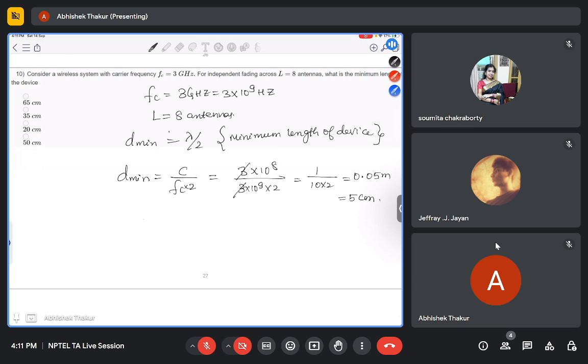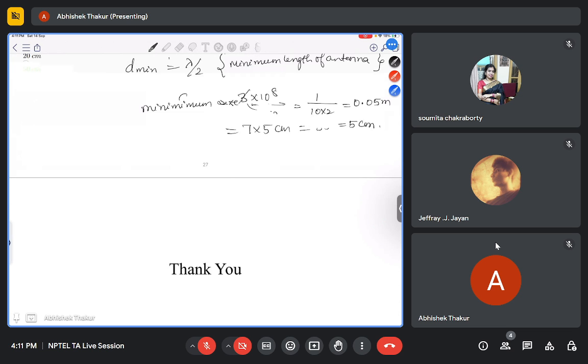So the minimum size of device is equal to L minus 1 into D min. This formula is for minimum length of antenna. So that is equal to 7 into 5 centimeter is equal to 35 centimeter. So option B is the correct answer for this question.